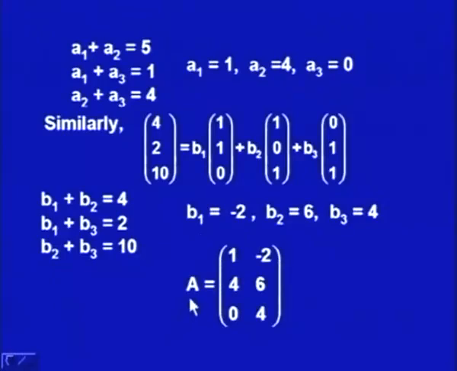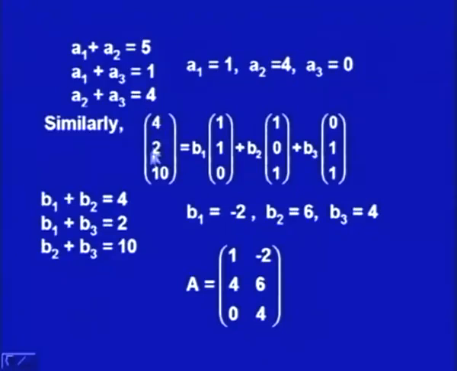So, we can say the matrix A has columns (1, 4, 0) and (-2, 6, 4). How do we get this matrix? The first column is the representation of the first vector T(e1) and the second column is the representation of the second vector (4, 2, 10). Since it is an ordered basis, we first write down the first vector and then the second vector.